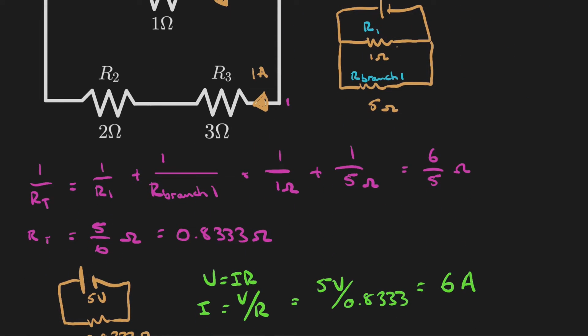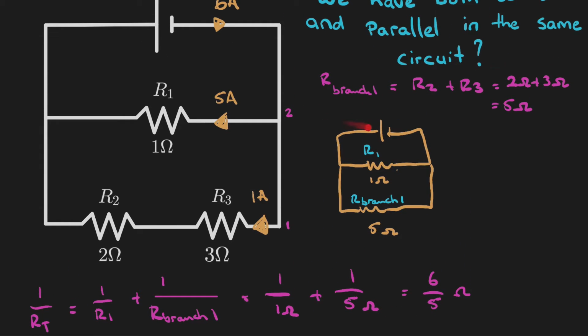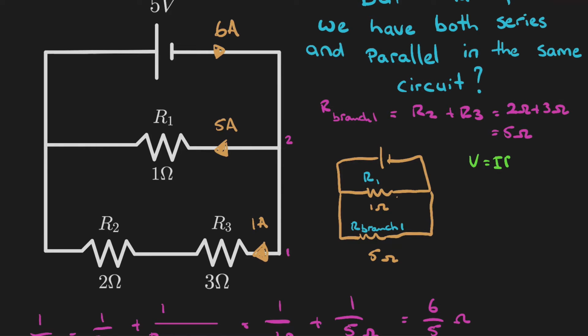Now we could calculate that if we wanted to. We could say that the equivalent resistance in this branch is 5 ohms. And we know that because we calculated that before, up here. Okay? And then all we need to do is apply Ohm's law, V equals IR.